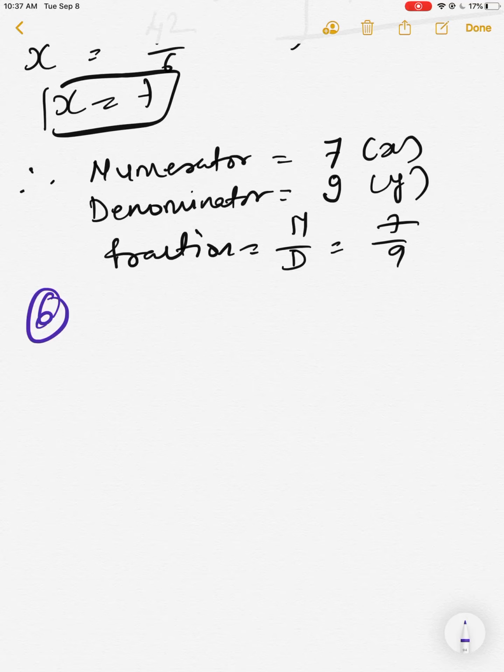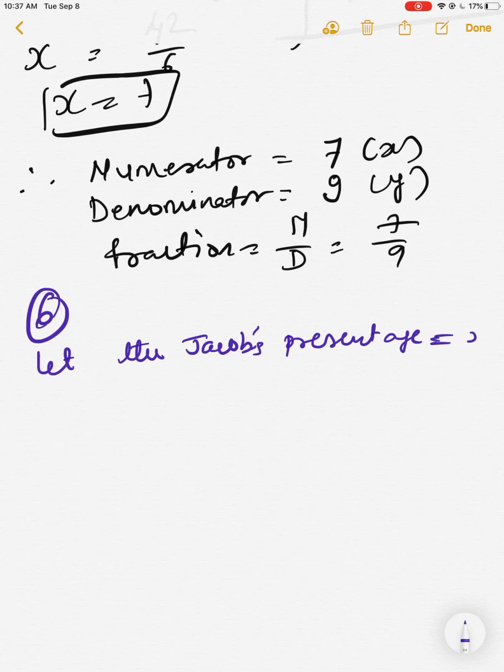Here 2 persons are there. So Jacob is there and his son is there. So we'll be taking, let Jacob's present age be x years. Let Jacob's son's present age be y years.